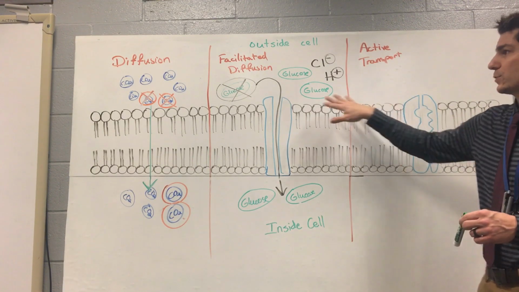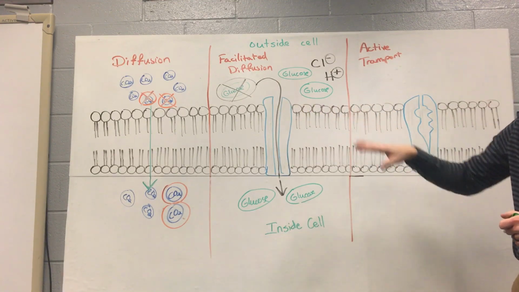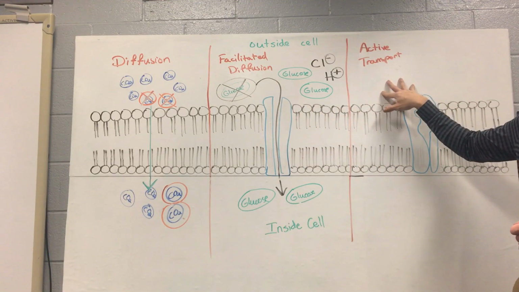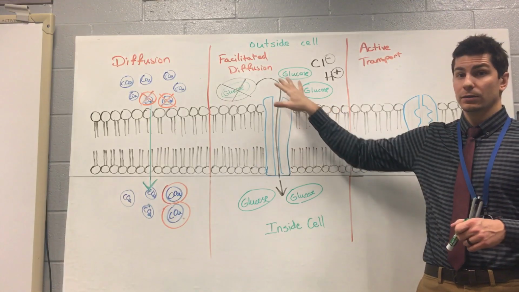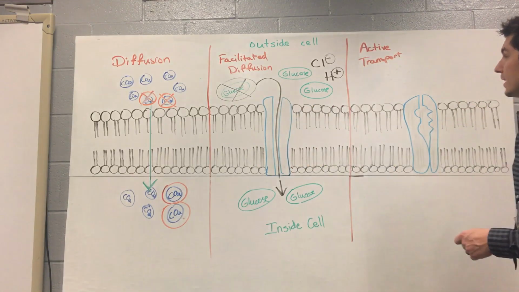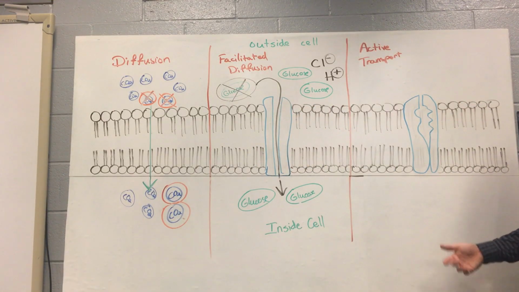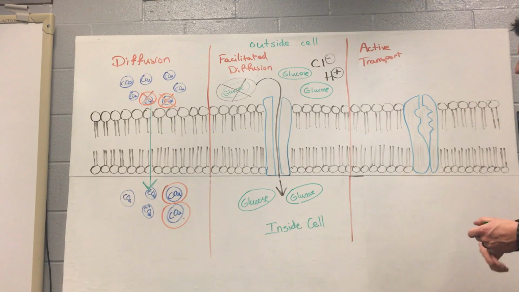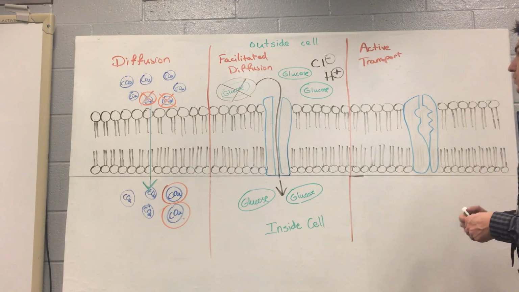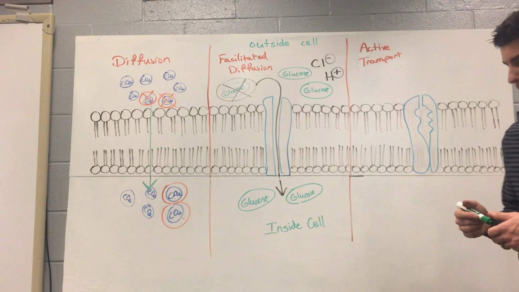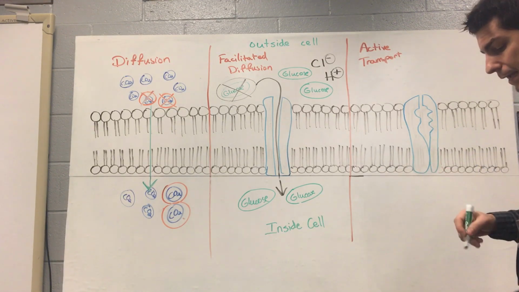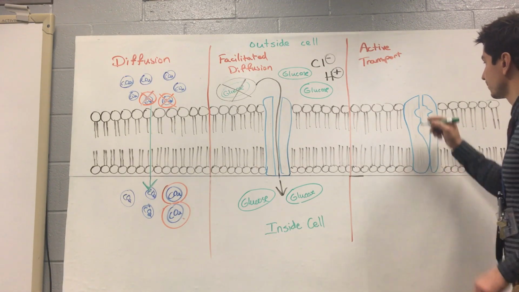The difference between active transport and facilitated diffusion and regular diffusion is that instead of moving from high to low like facilitated diffusion or diffusion did, active transport is going to move from low to high. So we're going against our concentration gradient. In this example, I'm going to be moving potassium and sodium.